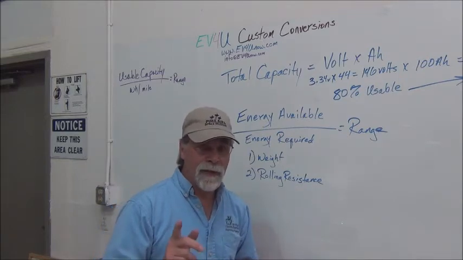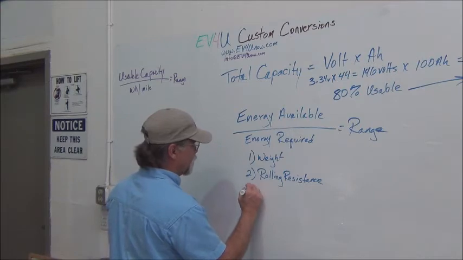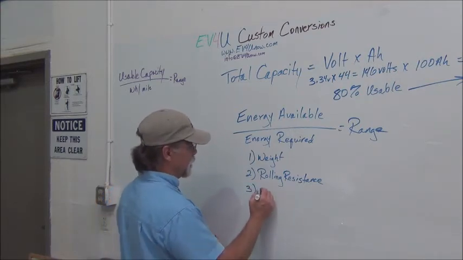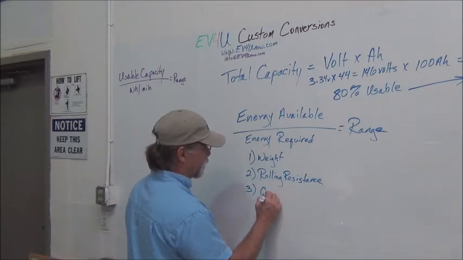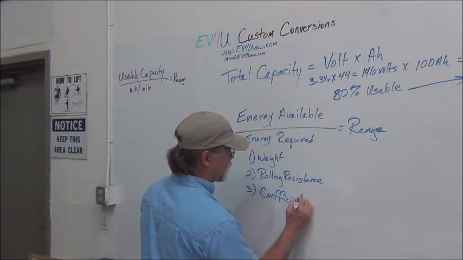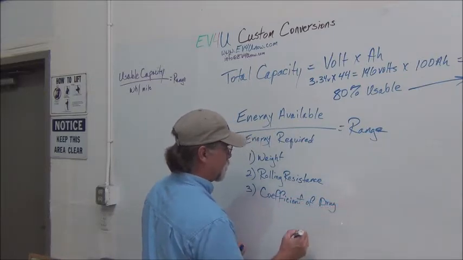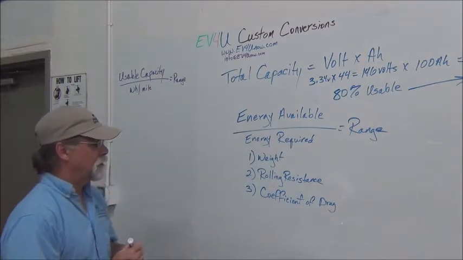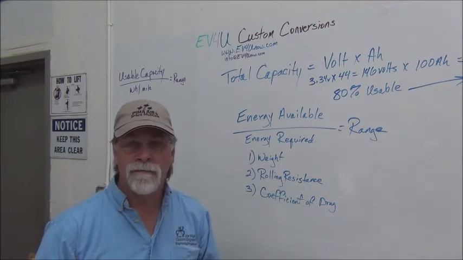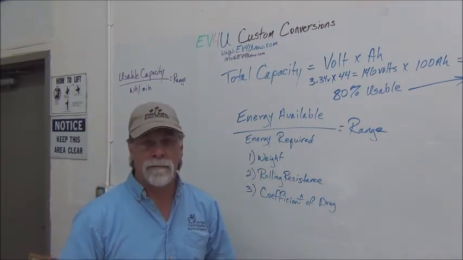Underinflated tires, big one. The other thing that will affect the energy used per distance is the coefficient of drag. So these things are all factors in that energy required part of the formula.